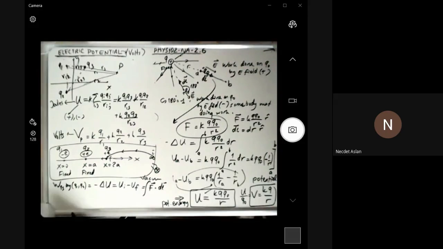Now we assume that when this positron is so far away from this combination, the potential is 0. Initial potential is assumed to be 0, and now we have just minus. So W on Q3 happens to be negative.